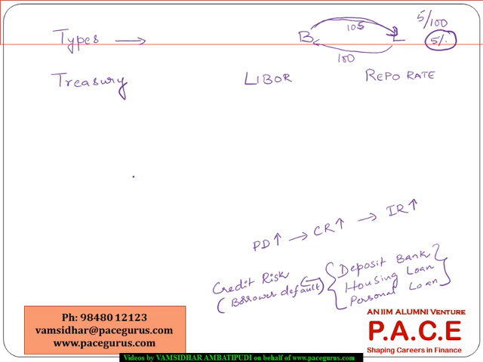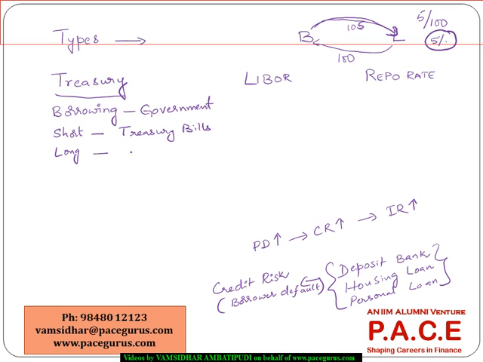Now, the first kind of interest rate which we need to be comfortable with is the treasury rate. Generally, it is the borrowing done by the government. So the government borrows on a short term for 3 months, 6 months, 1 year by issuing what are called treasury bills, or sometimes it could borrow in the long term for longer periods by issuing what are called treasury bonds.